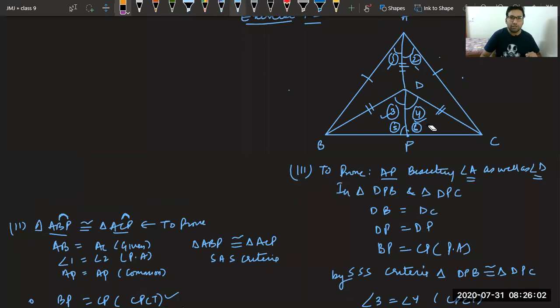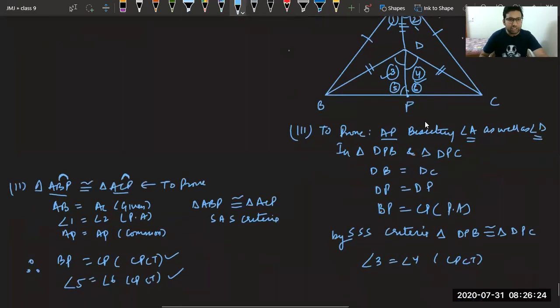Okay, now the fourth part. We have to prove AP is the perpendicular bisector. So we have to prove two things: BP equal to PC, that is already proved. Sir, how did you prove 5 equal to 6?